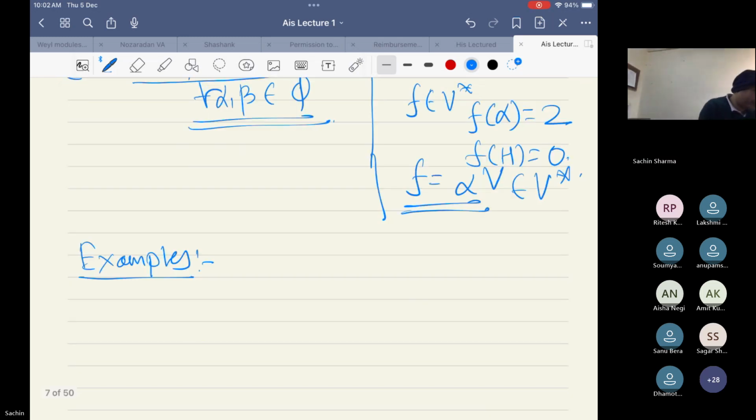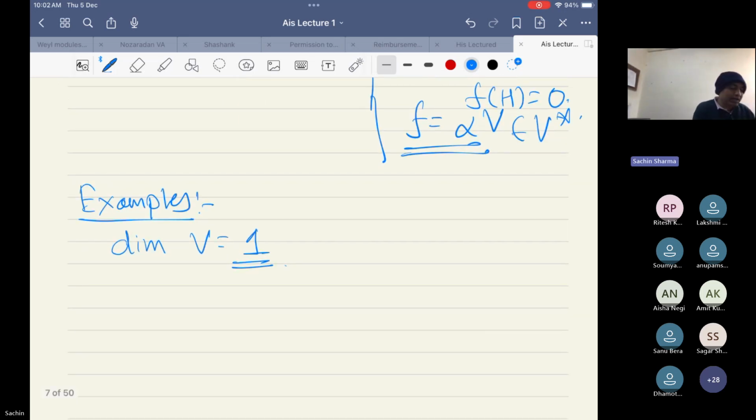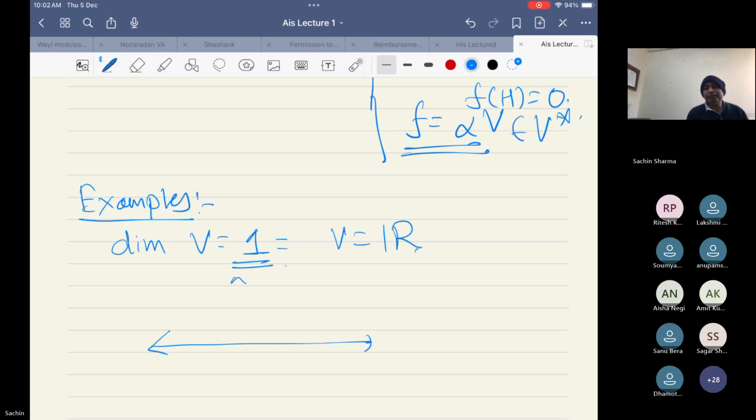Suppose the dimension of V is 1. Then what can you say about the phi? The dimension of V is 1 means V is R. This is 0. What do you expect? What will be the form of phi?